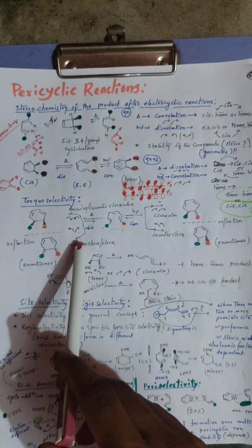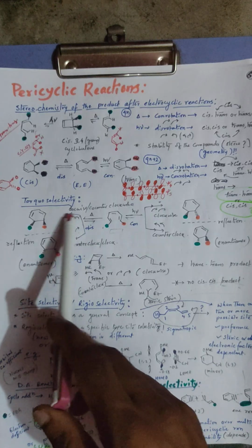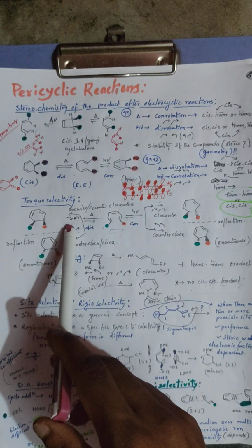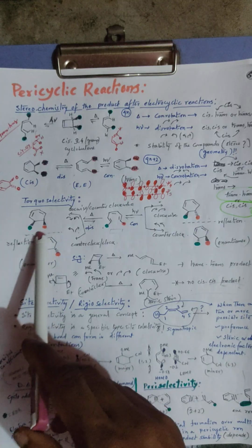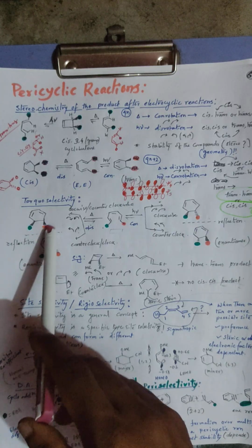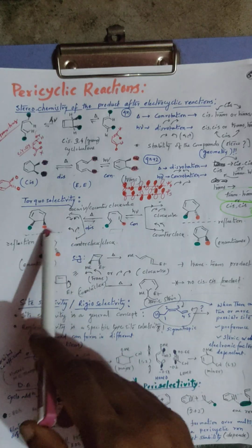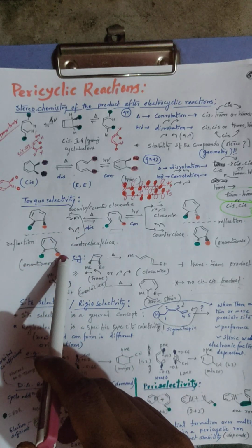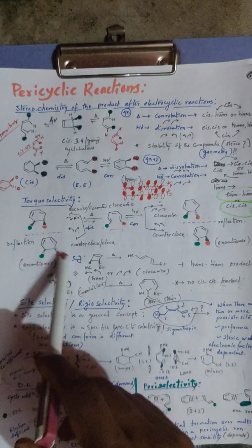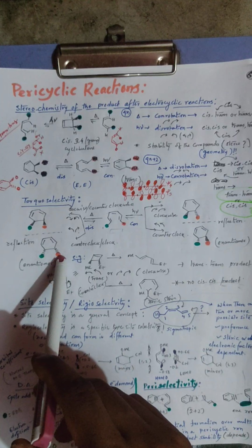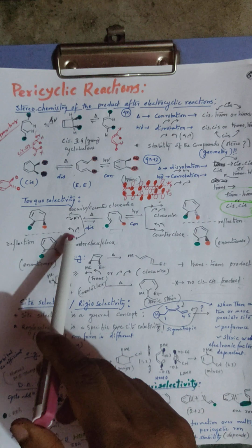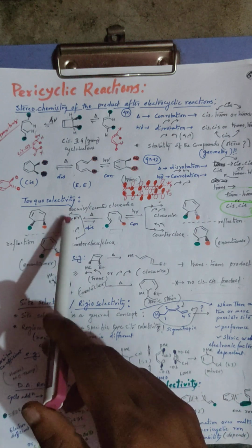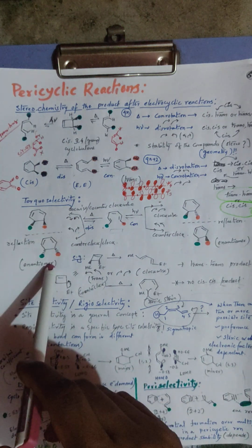Already we have shown that if this happens through inward motion of the orbital, then it will give the cis product. If it follows the outward motion, it also gives the cis product, but as we have different substitution, the two different types of rotation finally give the enantiomer.